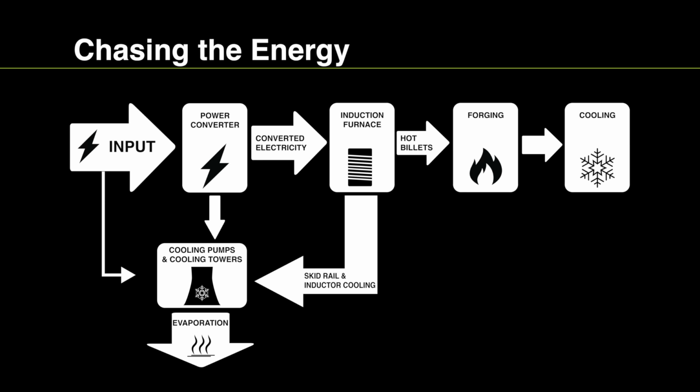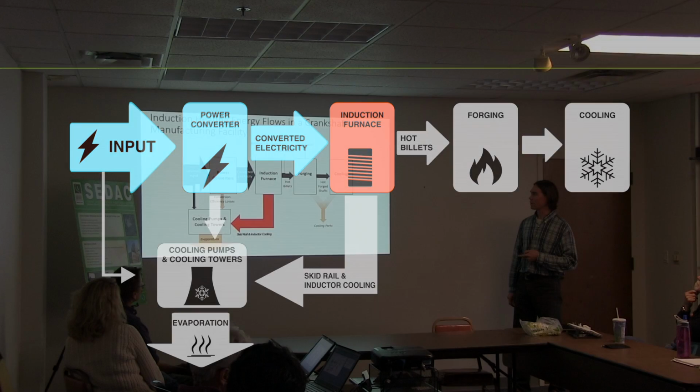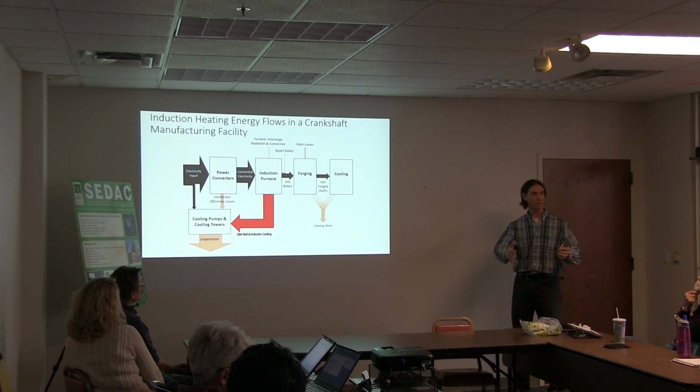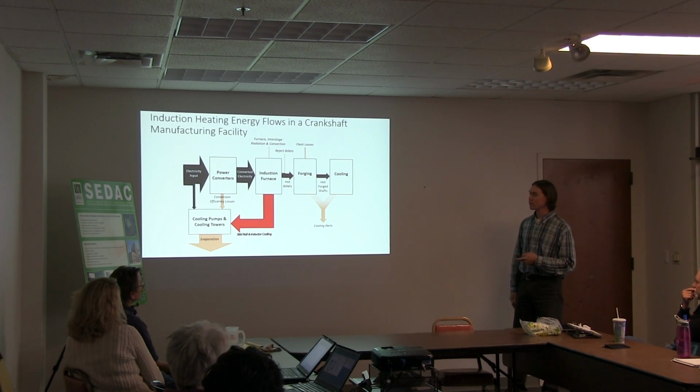In induction heating, we've got electricity input, and then you have these power converters. Sometimes they're called transformers, lots of different names, but they change the electricity into something that the induction furnace wants. I think they had like 12 stages, induction furnace, break, induction furnace, like 12 times. And so they're interested in looking at what some energy efficiency opportunities are with this.